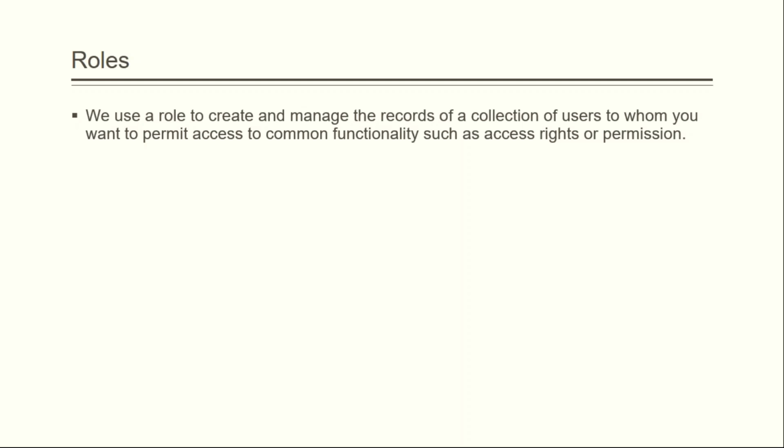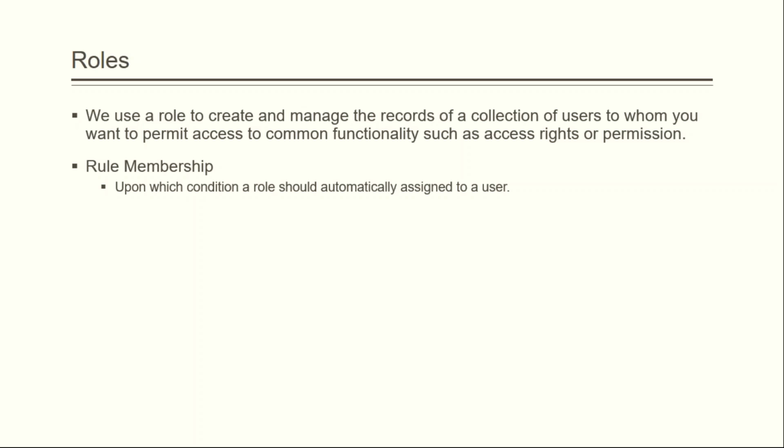Rule membership means you have developed some logic in order to assign a particular user to a particular role. If the user meets this condition, then as per the rule membership, the user will automatically be assigned to a particular role. Up to that clear? Yes, clear. So basically, rule membership defines upon which condition a role should automatically be assigned to a user.